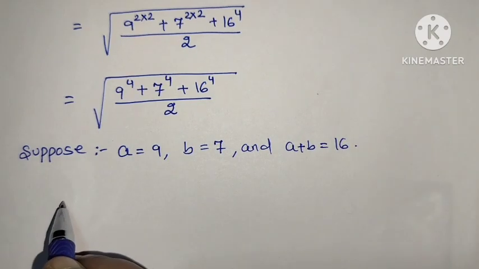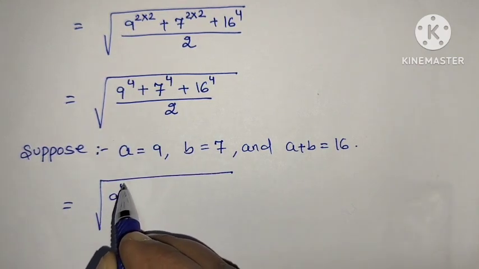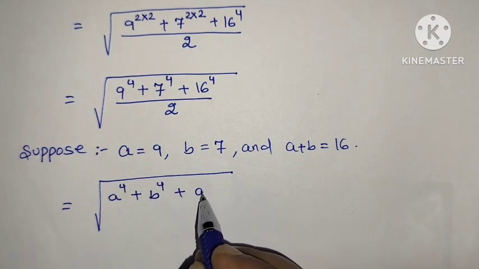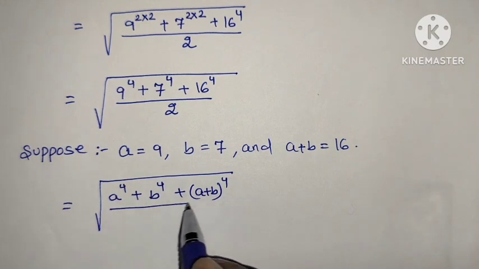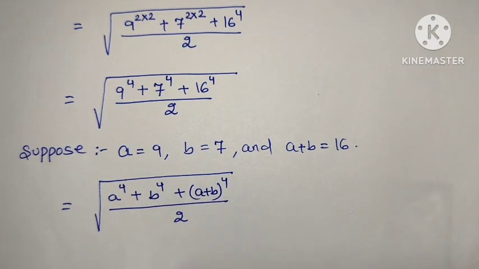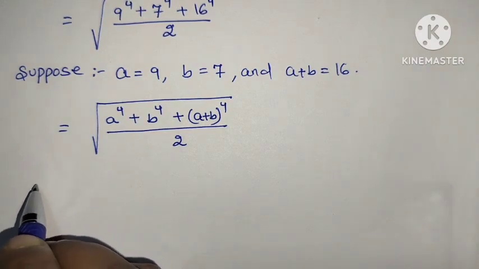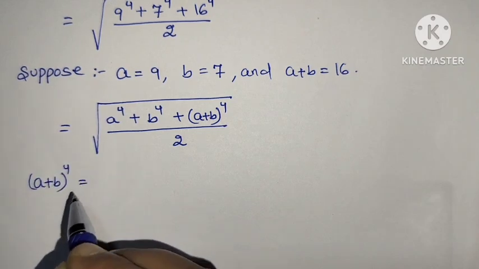Yes, then the next step is A to the power 4 plus B to the power 4 plus A plus B whole to the power 4 divided by 2. Then the next, we know the formula A plus B whole to the power 4.